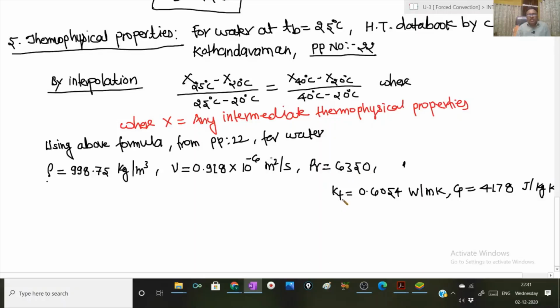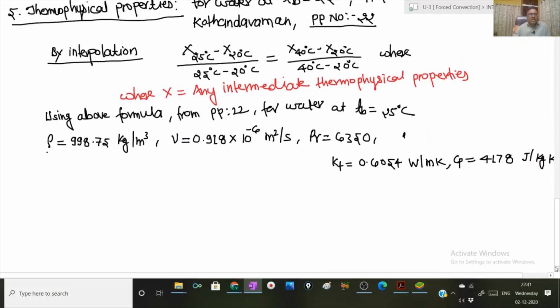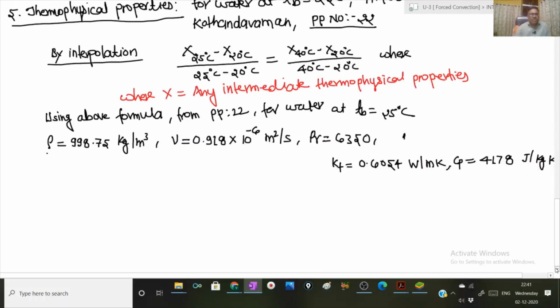Thermal conductivity of fluid, that is water, as 0.6054 watt per meter Kelvin, and specific heat of water as 4178 joule per kg Kelvin. So these are the properties at bulk mean temperature of 25 degrees Celsius. So this way you can find out thermophysical properties at any intermediate temperature.